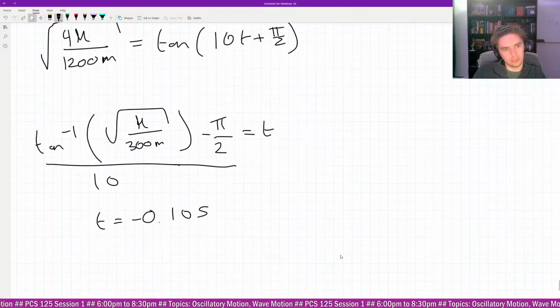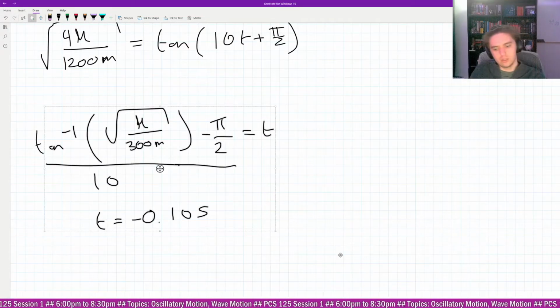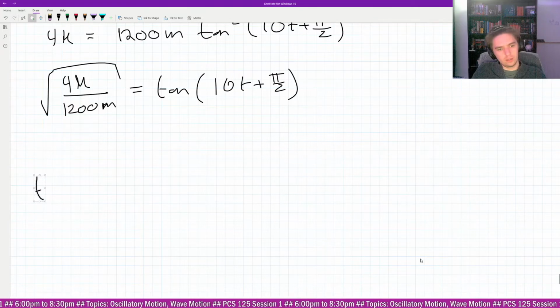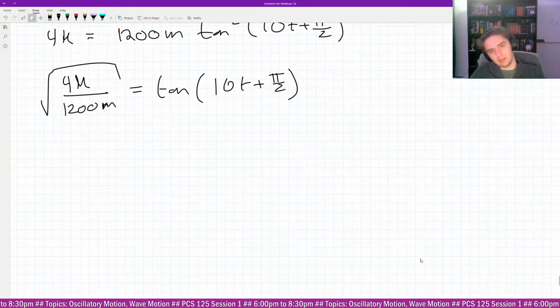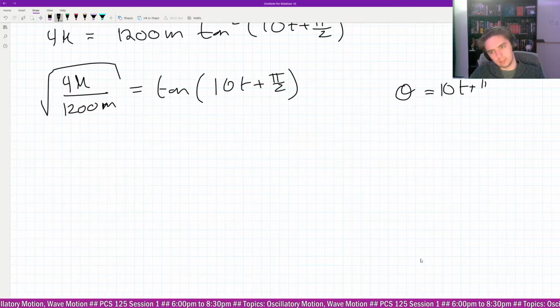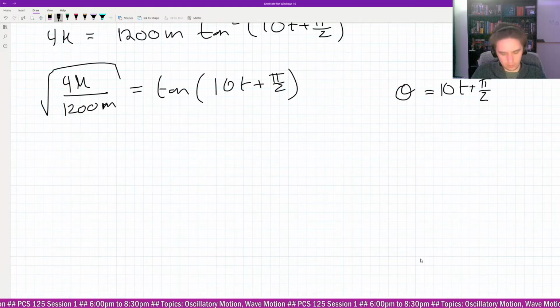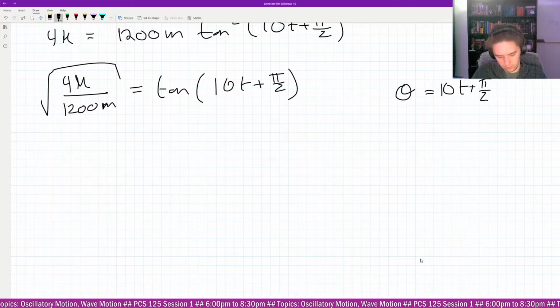So I think the problem is this section. Let's just say theta equals 10t plus pi over 2. So we're looking for, I'll find this number. What's the square root of k, which was 50 over 300 times 0.5? So root 3 over 3.